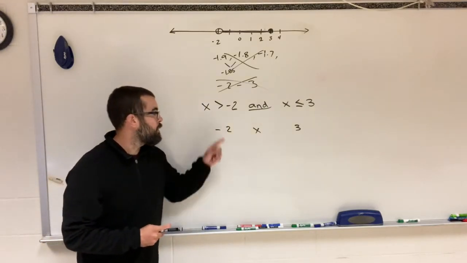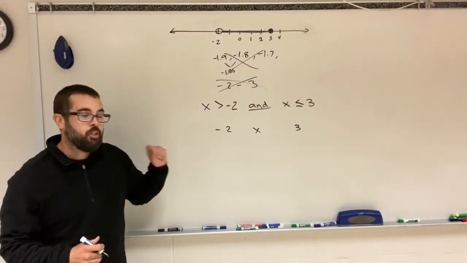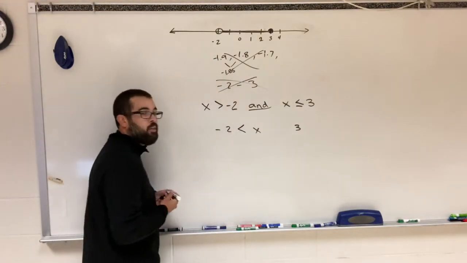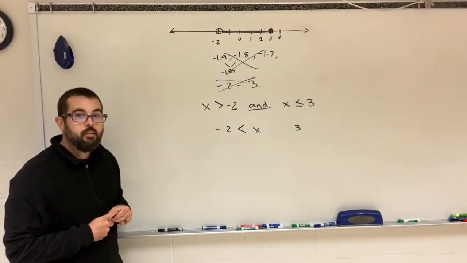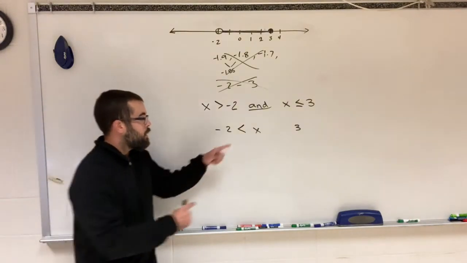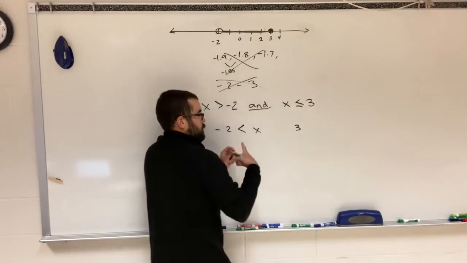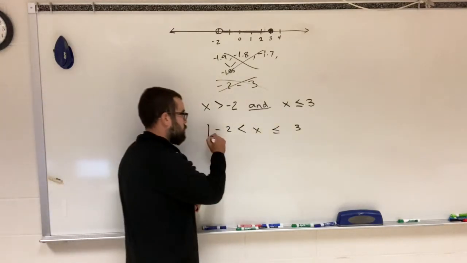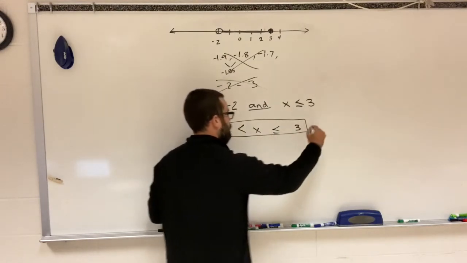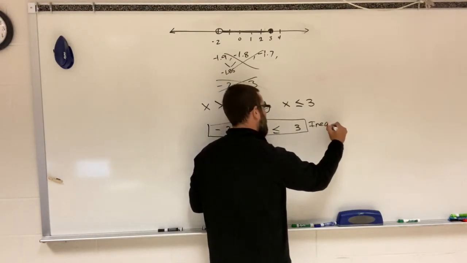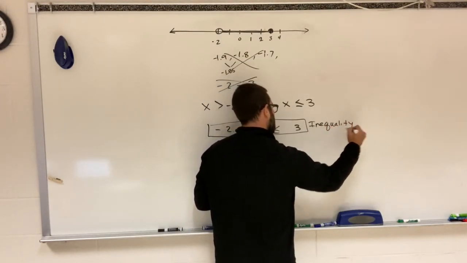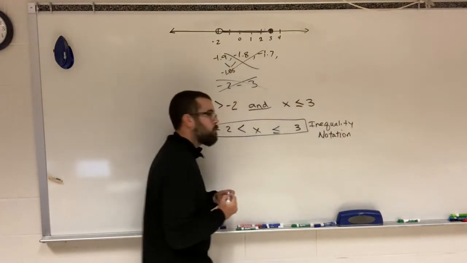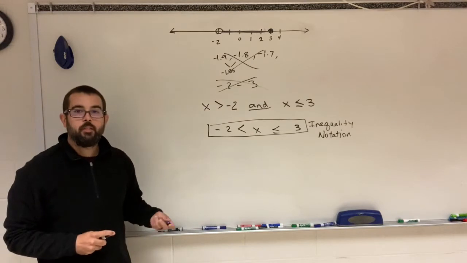Because if you understand that, then you'll understand this next part, which is -2 has to be smaller than x. And this is set up just like this so we can keep that symbol exactly the same. This right here is inequality notation. And that's what we're going to be using in this class.